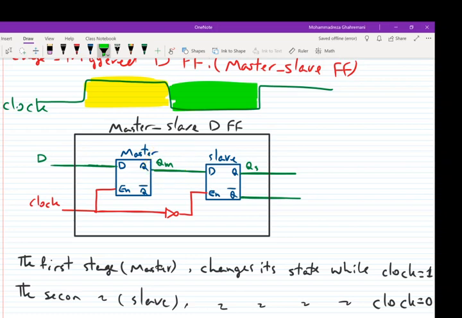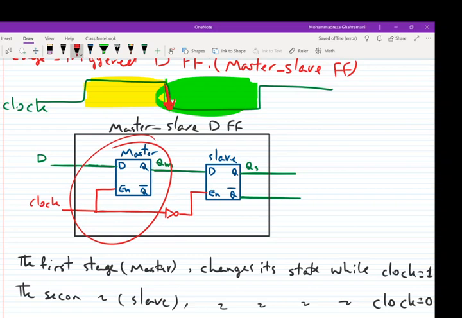When the clock signal changes to 0, the master stage stops following the changes, because as soon as it sees the falling edge, the master will be deactivated, and it stops following the changes in the input. At the same time, the slave stage responds to the value of the signal QM.